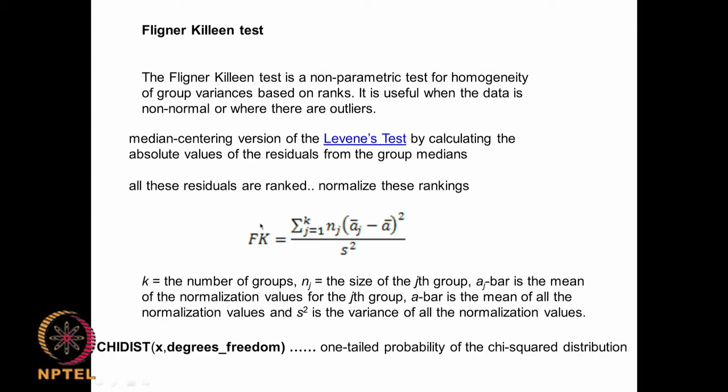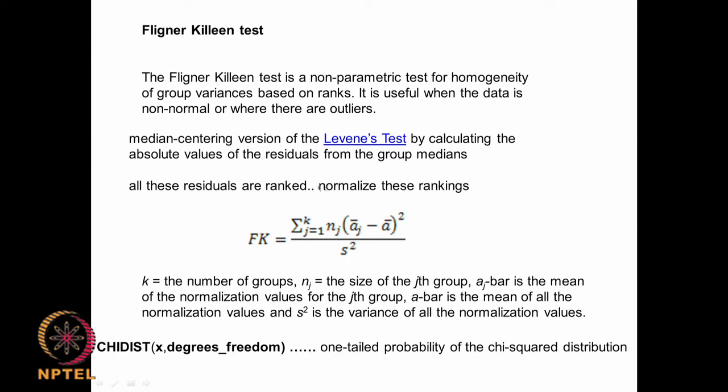Okay, and then you calculate the statistic called Fligner-Killeen, which is the summation of j equal to 1 to k, n_j, the size of the group j, times (A_j bar minus A bar) squared, divided by s squared. A_j bar is the mean of the normalization values for the jth group, and A bar is the mean of all the normalization values, and s squared is the variance, and k is the number of groups, n is the size of the group.